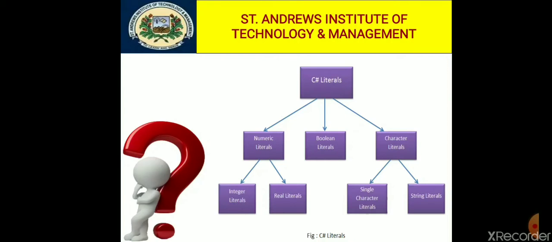The first one is boolean constants or boolean literals, which represent a true or false value. That means it always has only two options, either true or false. The values true and false are the only two possible boolean constant values.